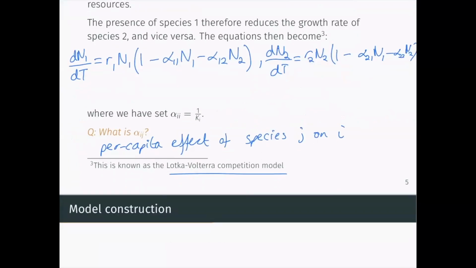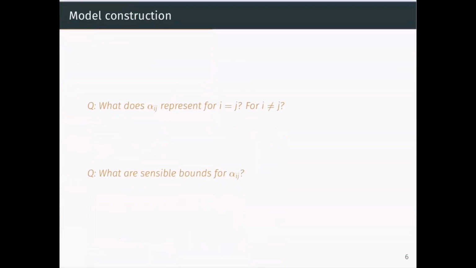Okay, a couple of questions here about this model construction. What does this alpha ij represent when i is equal to j and when i is not equal to j? Maybe take a moment to think about that. If we have i equal to j, this is just the 1 over the carrying capacity term that we had in our standard logistic growth model.